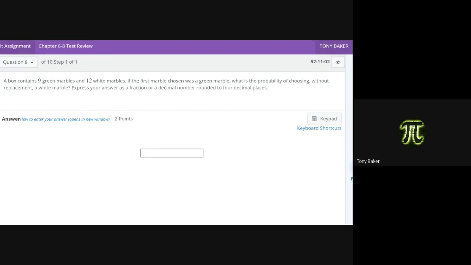If we've chosen a green marble, how many white marbles are left? Still 12. How many total marbles are left in the bag? 20. We had 21 marbles in the bag to start with. I've taken one out already, so I have 20 left.